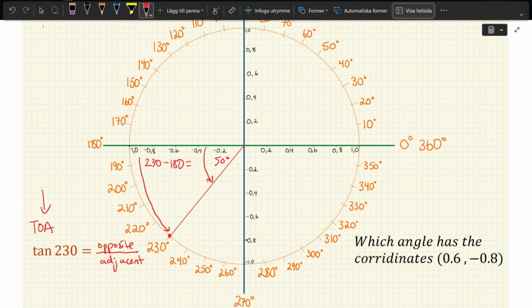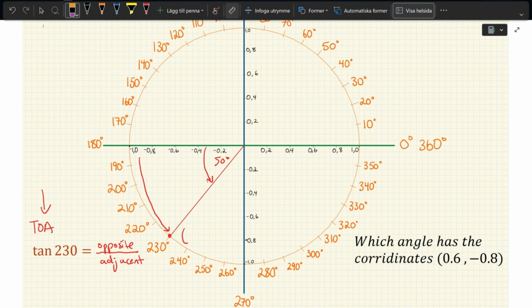Like we did previously, we can imagine that this point on the graph has an x and a y coordinate. Actually, we can draw it in here. The x coordinate will be along the x-axis.